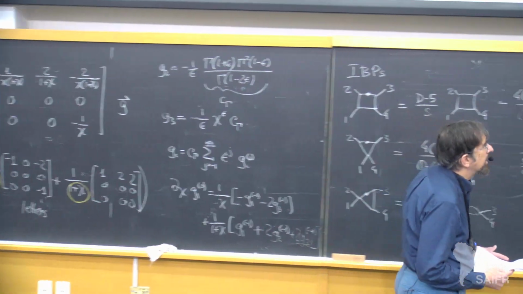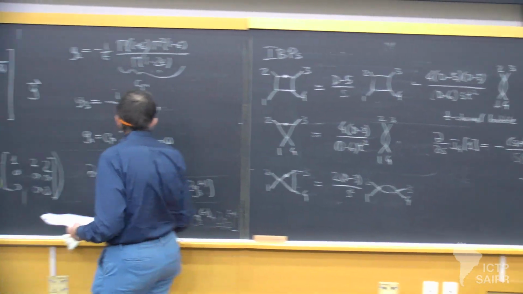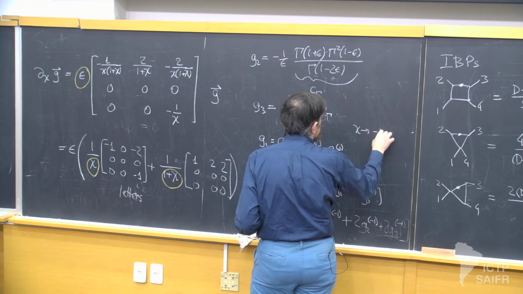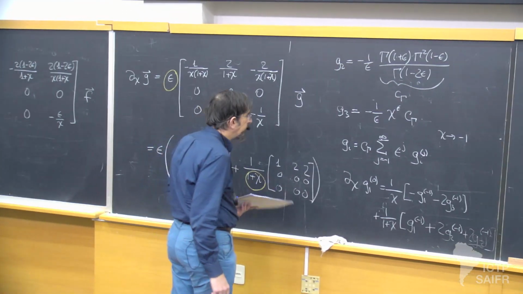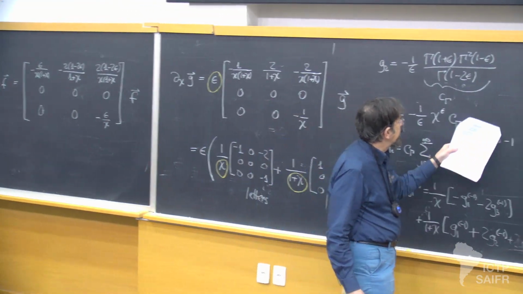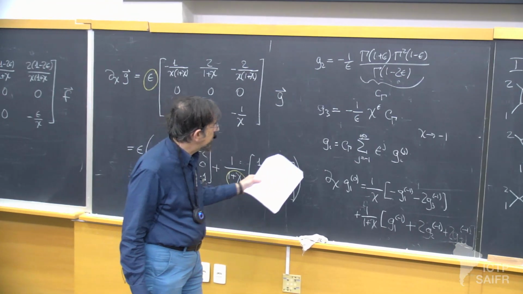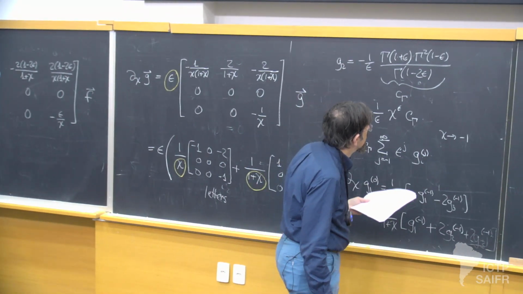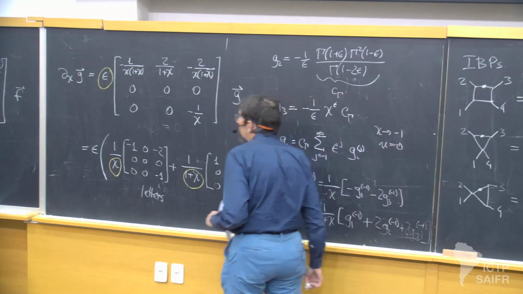Now, if we look at the second term, then we can see that it would be singular as chi goes to -1. That corresponds to a singularity, which would then translate into a branch cut. So if we integrate this with respect to chi, we're going to get a logarithm. So there would be a branch cut at u equals 0.